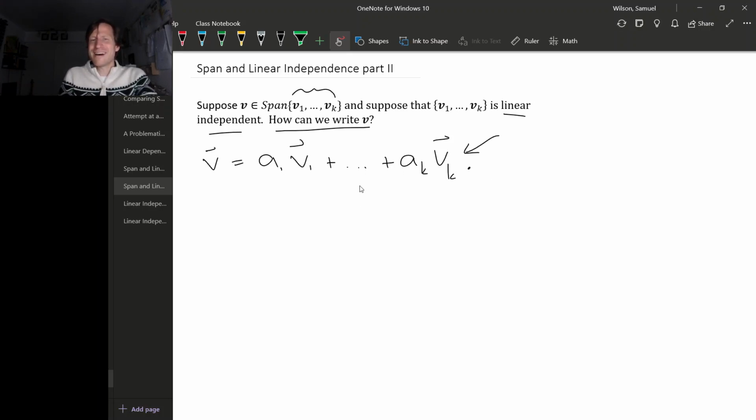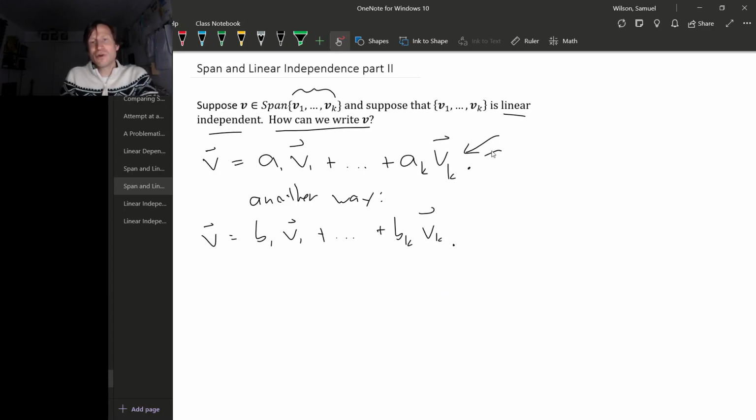So what if there's another way to do this? Maybe we could write v with different coefficients, say b1 v1 up through bk vk. What would this mean? Well, let's see.